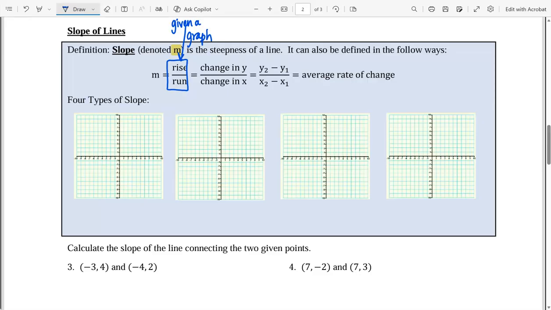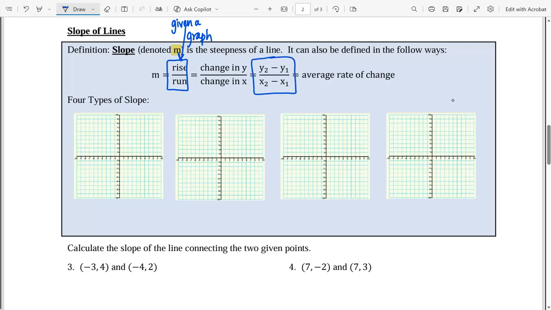Formally, slope is described as the change of your Y's, so two Y coordinates, their difference, divided by the change in your X's, so the difference in two X coordinates.